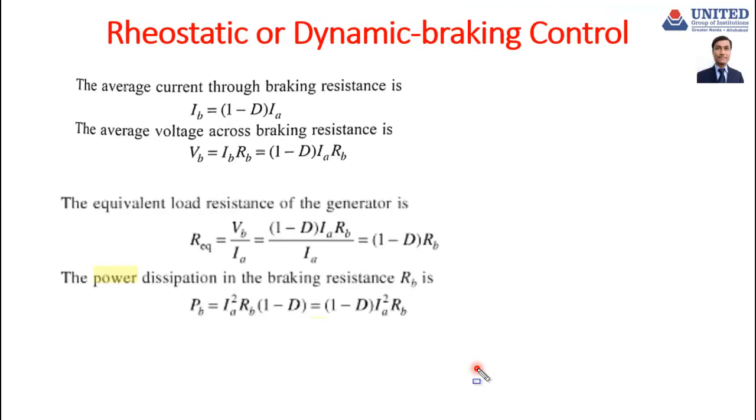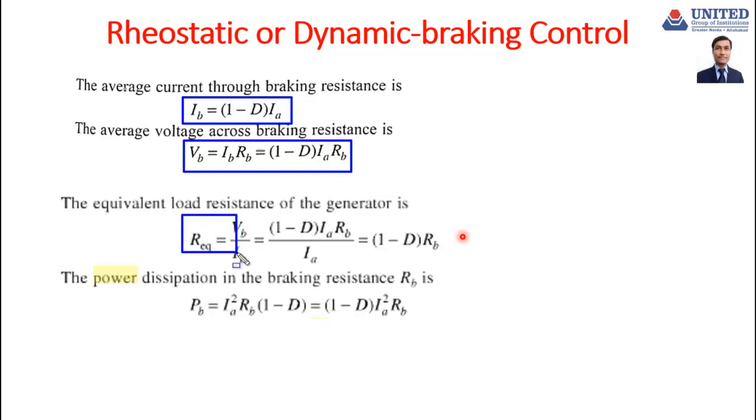Now the average current through the braking resistance can be obtained from the waveform, which is equal to braking current IB is equal to 1 minus D into Ia. The average voltage across the braking resistance will be VB is equal to IBRB is equal to 1 minus D into IaRB, and the equivalent load resistance of the generator is given by R equivalent is equal to VB upon Ia.